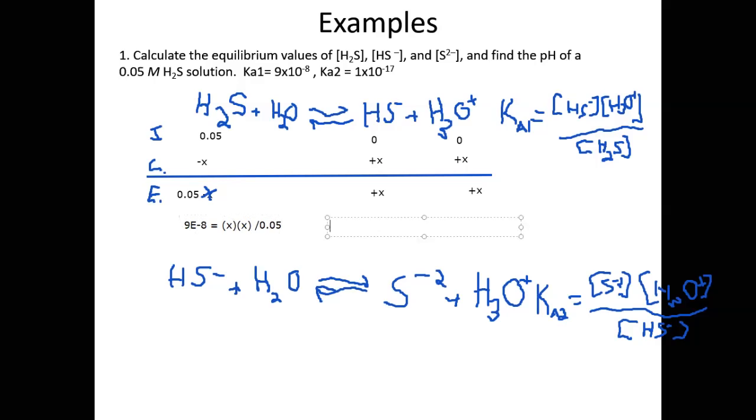You do some simplification, X squared equals 4.5e to the negative 9. Therefore, X equals 6.71 times 10 to the negative 5th.